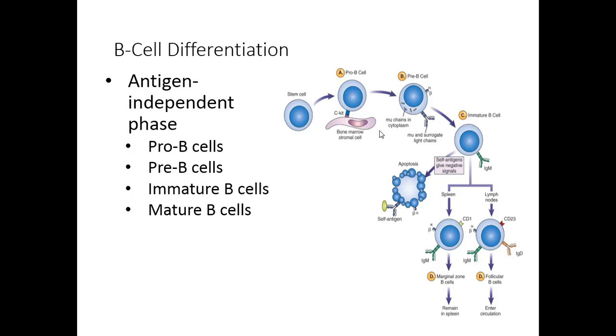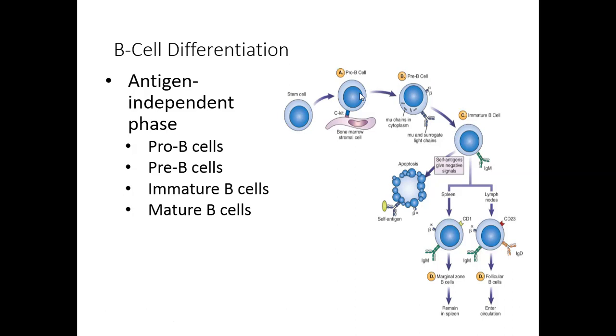The purpose of them really is to form a support system for the bone marrow stem cells to develop and differentiate further. Within the stroma, there are cytokines, in this case growth factors, that will aid in the process of further differentiation. So the first step in the differentiation is this pro-B cell.